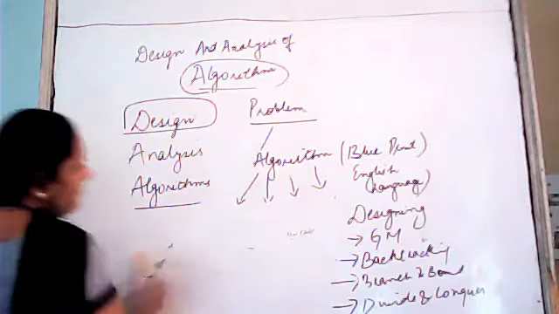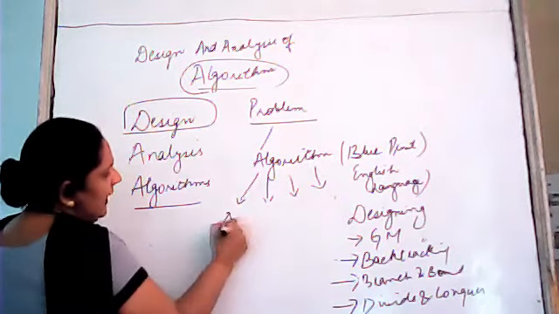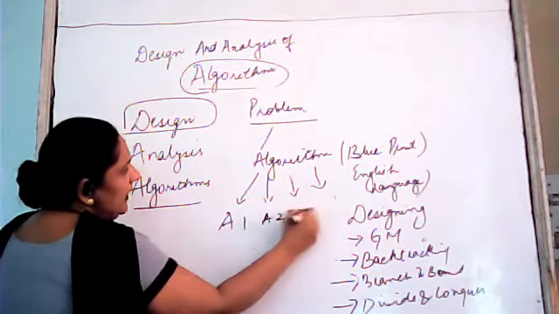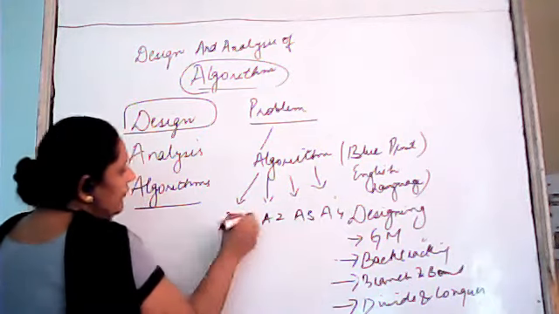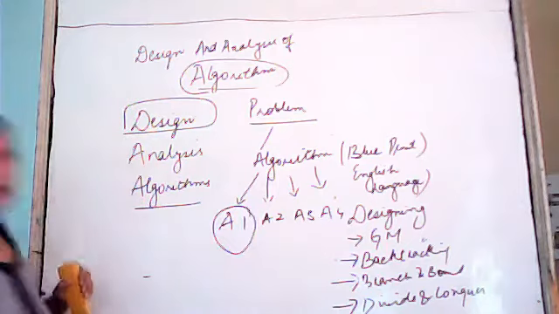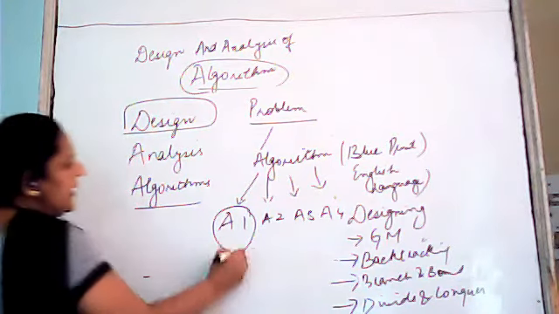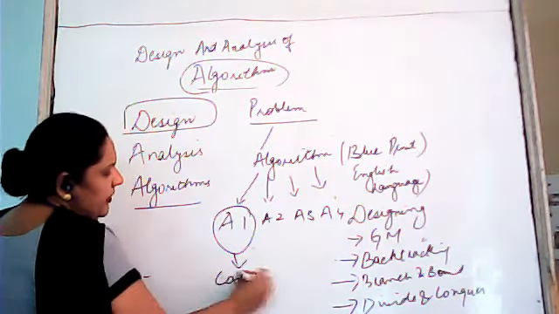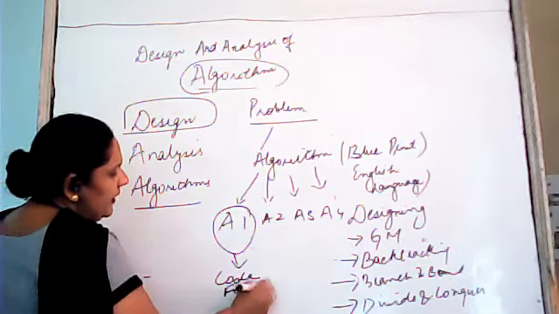Out of these four, A1, A2, A3 and A4, whichever takes less memory or less space, we will design the code for it.